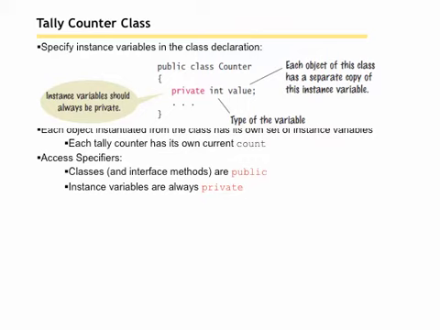In the graphic there, it shows that the variable is called value. So it can either be called value or it can be called count, but note that those refer to the same basic idea. Our access specifier for our classes is going to be public, and for our instance variables, we're going to make them private. Throughout this class, we only need to be concerned with the access modifiers public and private.